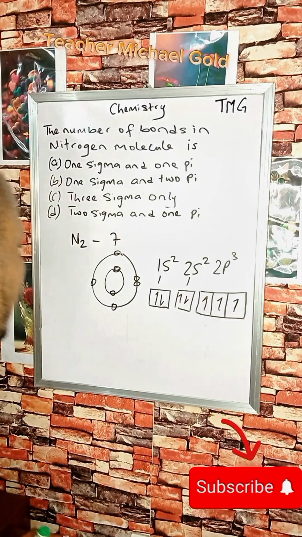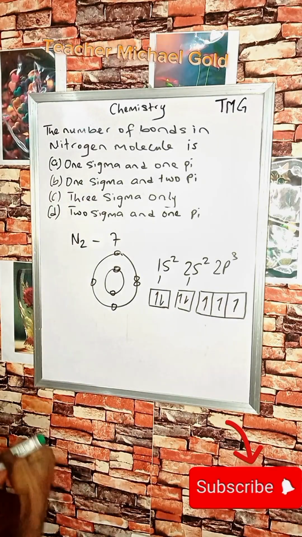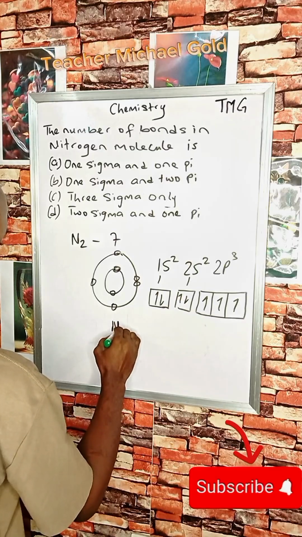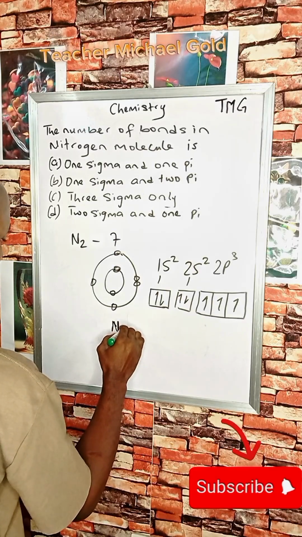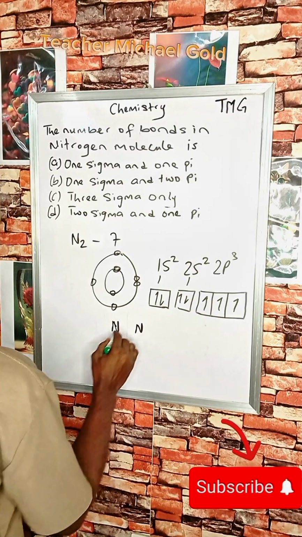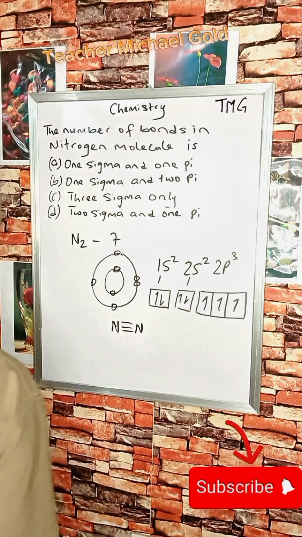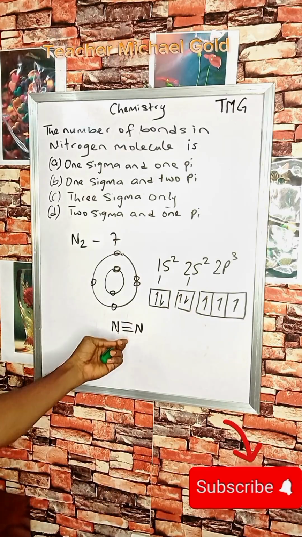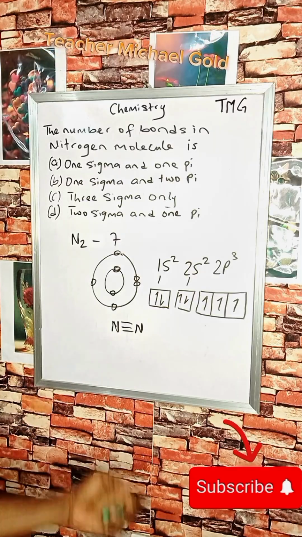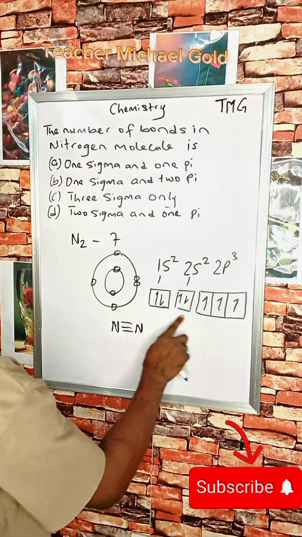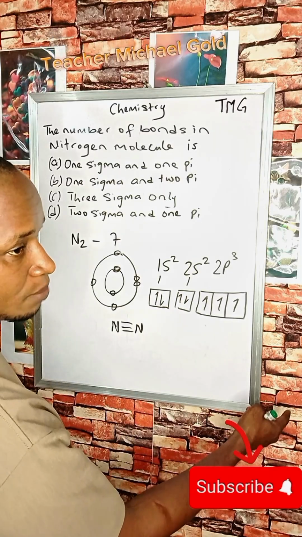Now for this bond to be formed, when we use the Lewis structure, we know that nitrogen has a triple bond. So how does this formation of the triple bond come into play? It is through the s and the p orbitals.